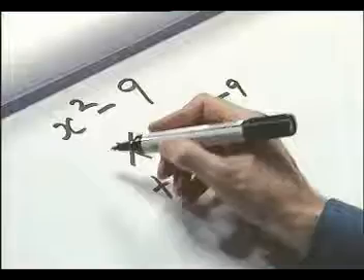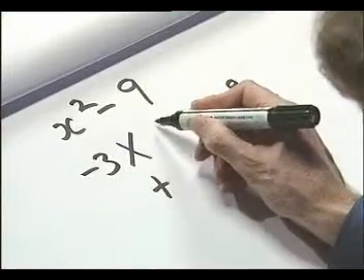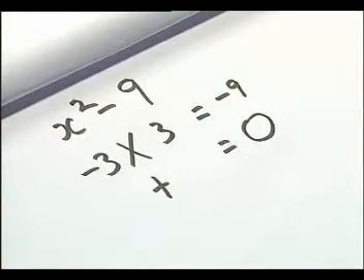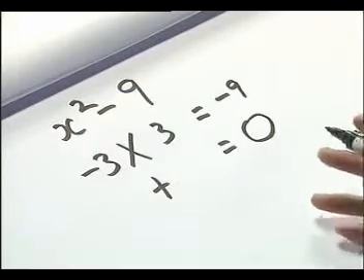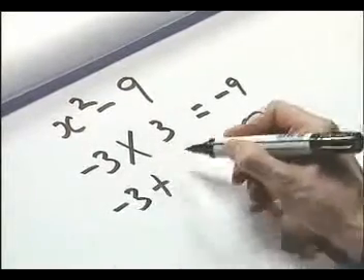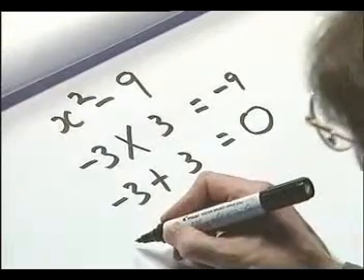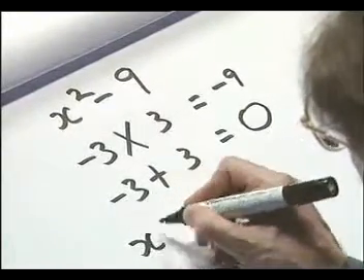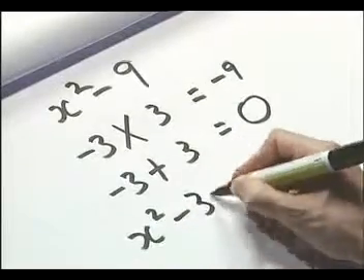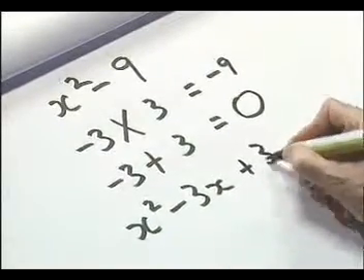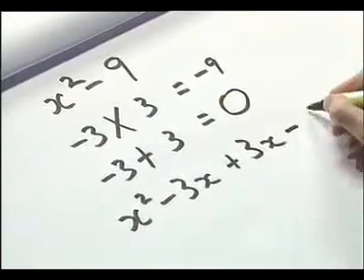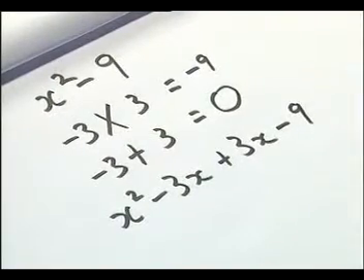So I've got to find two numbers that multiply together to give minus 9 and add together to give 0. Well, fairly obviously they've got to be the same size but different sign. So minus 3 and 3 fit the bill perfectly. So we have x squared minus 3x plus 3x minus 9.